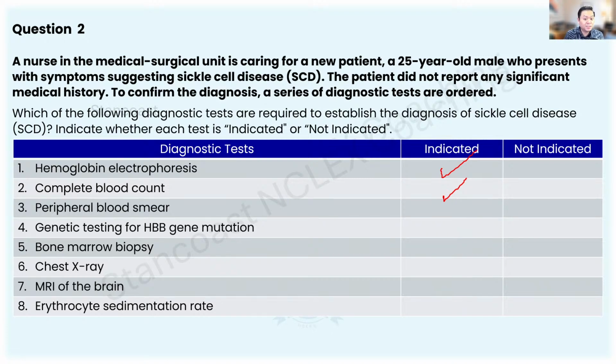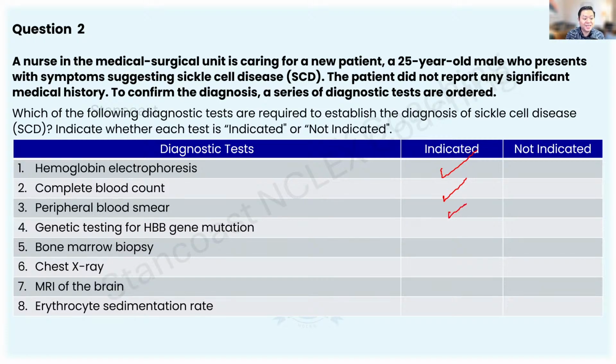We talked about the peripheral blood smear yesterday in our discussion about the anemia, right? About the iron deficiency anemia. Now, this test will help visualize the characteristic sickle-shaped red blood cell. So this is going to be a useful diagnostic test.